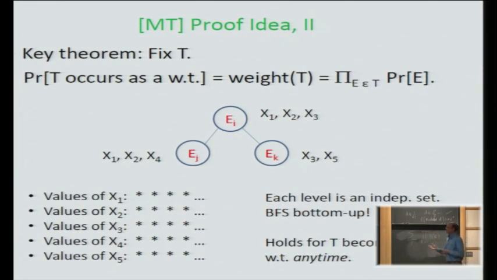Now let me point out, there is a simple recurrence you can write for these. Suppose you restrict to trees with root E_i. Let f(i) be the sum over all trees with root E_i of this. Now recursively, how does such a tree look?